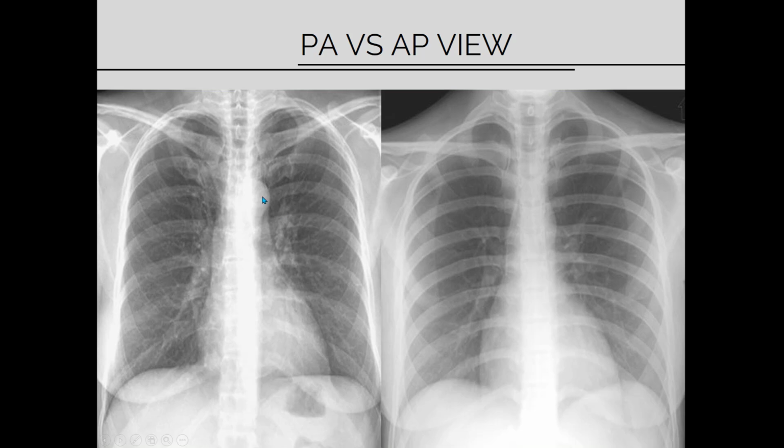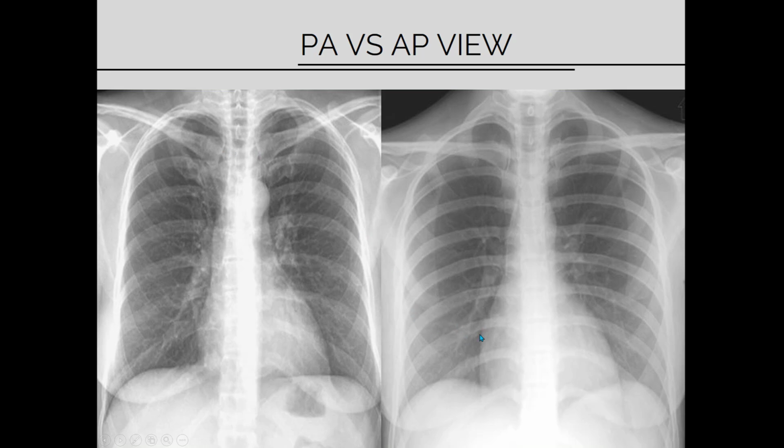So let's see the differences here as well. You can see here in this PA view picture that scapulae are away from the lung fields, while here you can notice that this is the margin of the scapula. You can see this is over the lung field. Okay, and the clavicles are a bit straighter than in the PA view.